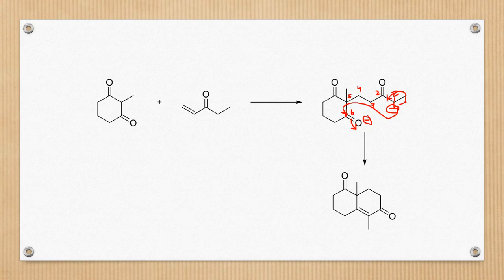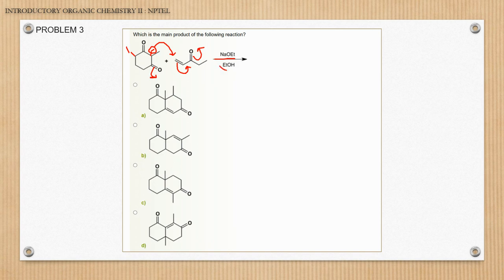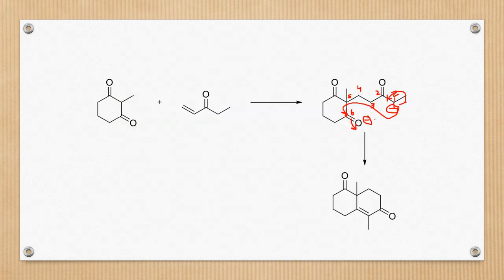After the formation of this oxyanion, you have protic solvent in the system, so it will become OH. So at this position you have this OH, and at this position you have hydrogen. Just forget about the alkene.